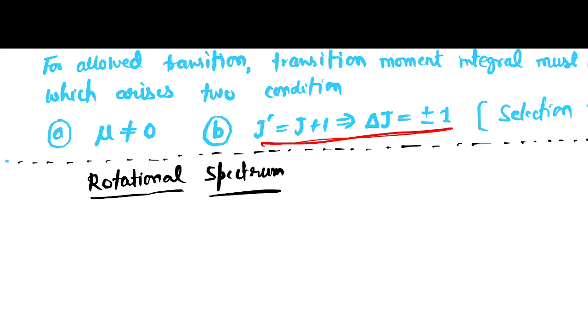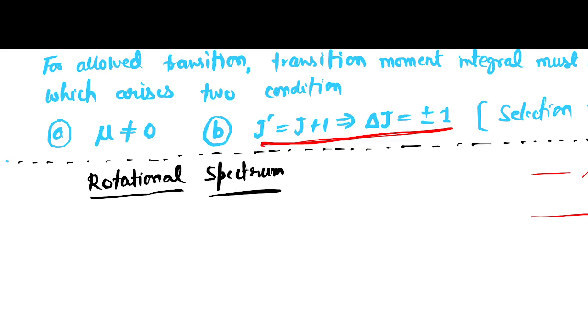So from this transition moment integral, we find two rules. First, mu should not be 0. Second, this condition: J prime is the excited state, and this is the ground state. So this delta J must be plus or minus 1. Then only it will be allowed.